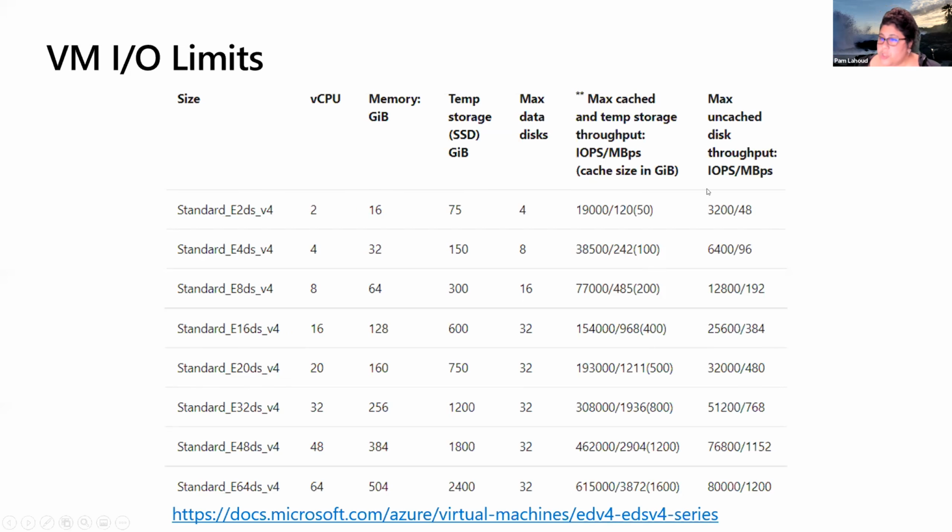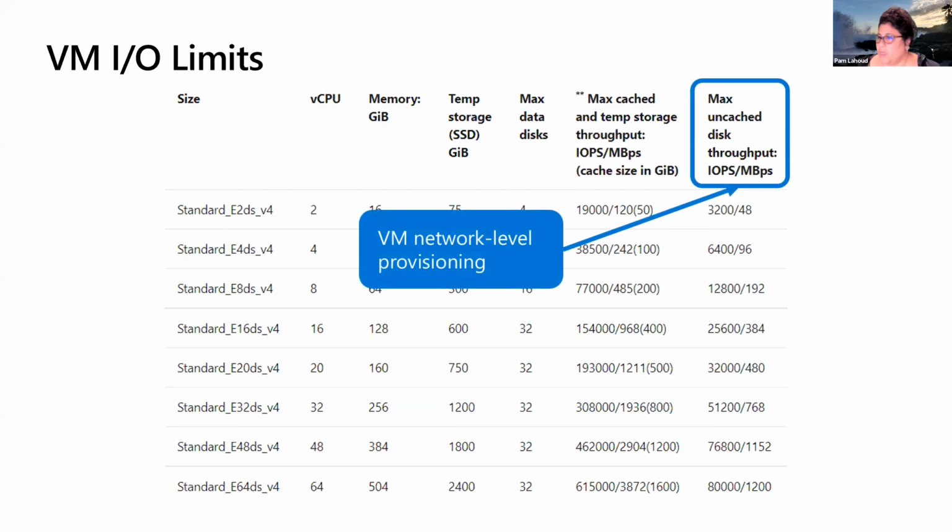When you look at the documentation for a VM, there's a lot of important information that has to do with storage. This is a subset of what's available, but the important stuff for our conversation is the max cached and temp storage throughput and the max uncached disk throughput and IOPS. So this is your VM level provisioning: max uncached disk throughput, IOPS, and megabytes per second.